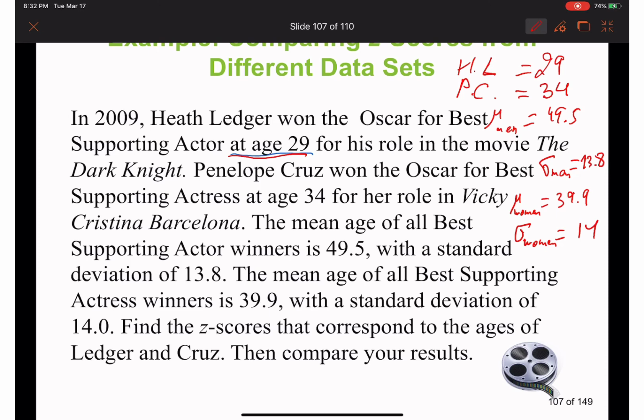Heath Ledger's age, 29, is our X for Heath Ledger, and 34 is our X for Penelope Cruz. Okay, those are our data.